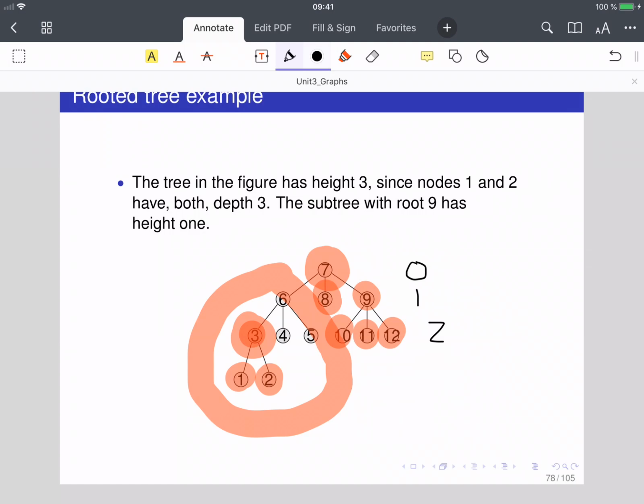The children of those children, which are the grandchildren of the root, are at depth 2, and the children of those children at depth 3, and so on. Okay, so this is very easy. The depth is kind of the level in which we find the node. Okay, if we start with the root, then the children of the root, the grandchildren of the root, and so on.